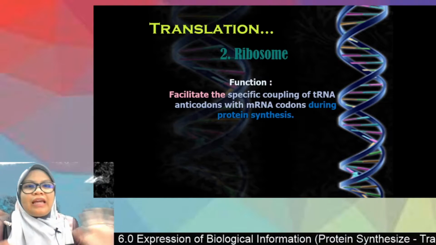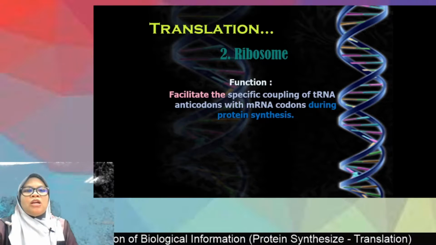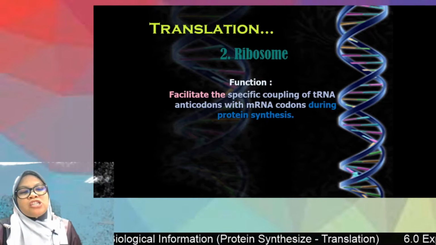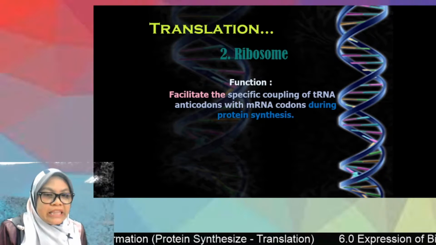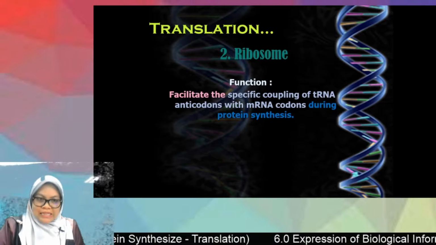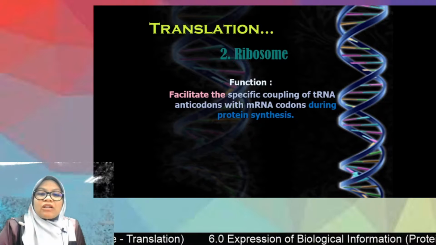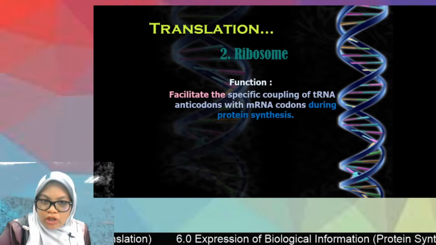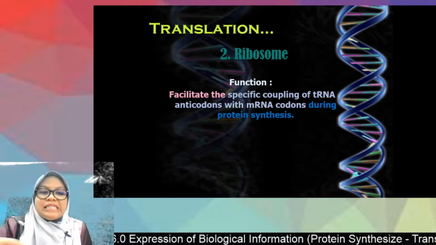Next, what we use in translation is the ribosome. The function of the ribosome here is to facilitate the specific coupling of tRNA anticodon with mRNA codon during protein synthesis.